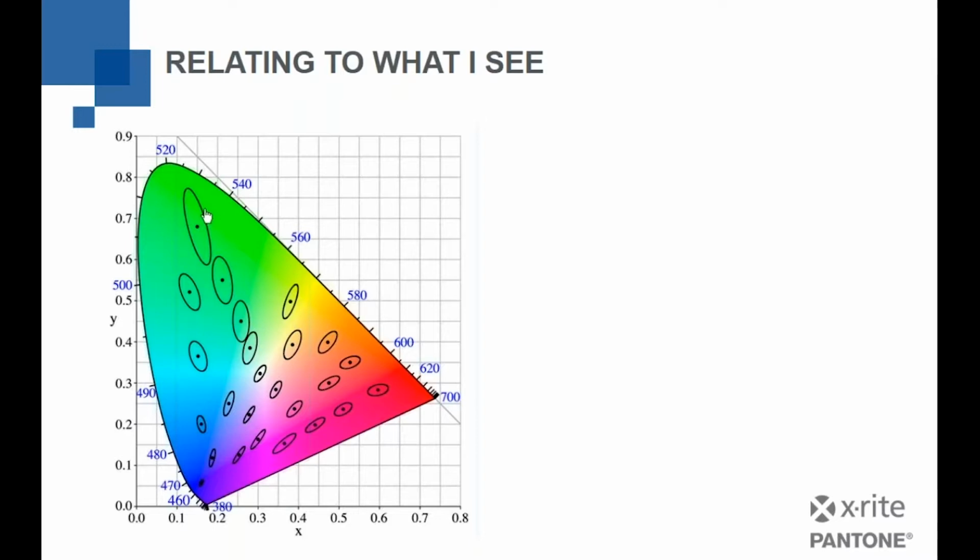The first thing we notice is that they're not circles, right? So we don't see color equally in all directions, even with one color. If we talk about the green, the one that's got the little finger pointing at it, our eyes are much more forgiving in one direction than another. The narrow direction, going from left to right, would be the hue difference, so that green being yellower or bluer.